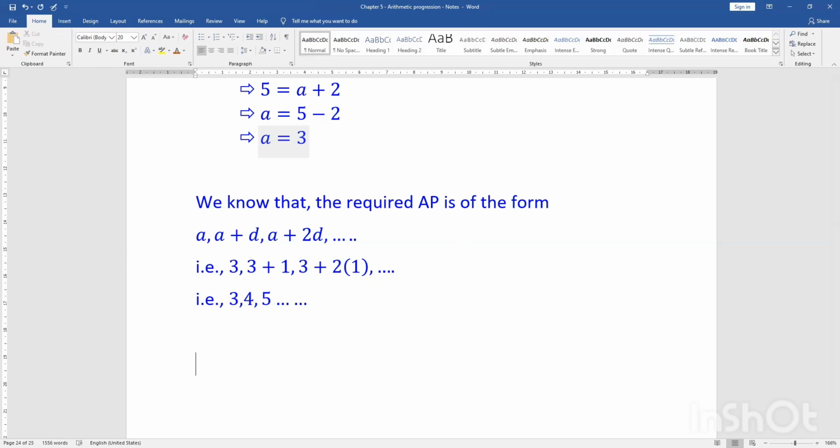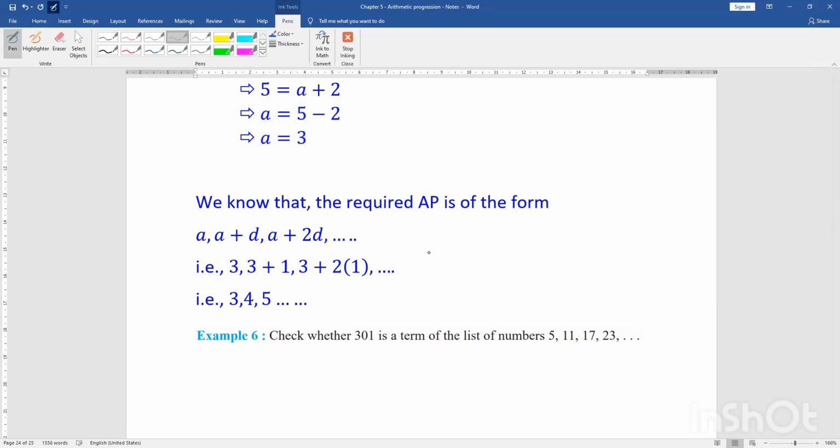Okay, children, now we move on to the next problem. Problem number 6. Check whether 301 is a term of the list of numbers 5, 11, 17, 23, and so on. Now let us analyze this problem. What is given here?